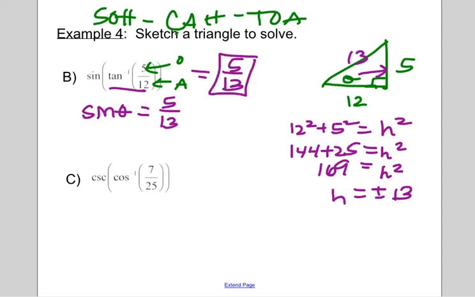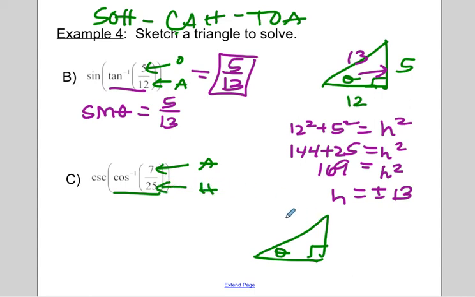Okay. C. Cosecant of cosine inverse of 7 over 25. Once again, use the inside, set up our triangle. This is theta. They gave me cosine, so this tells me this is my adjacent, and this is my hypotenuse. So if this is my angle, this is my opposite. So this is 7, 25.